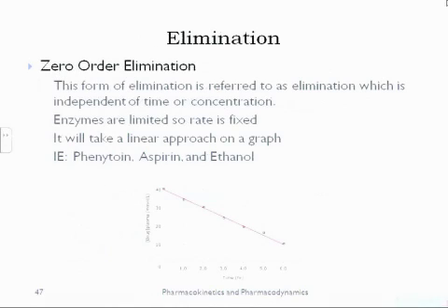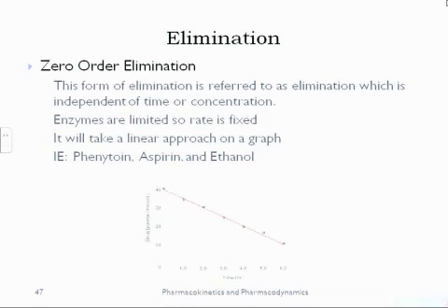The elimination can be described as either zero-order or first-order elimination, and I'm going to give you some analogies for it. Zero-order elimination is a form of elimination that's independent of time or concentration. It basically can only process so much drug per minute. The example of that is ethanol. If you drink a lot of alcohol in one go, it's going to take you a certain number of hours to break this stuff down.